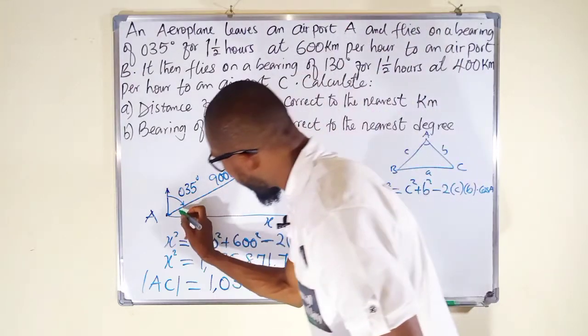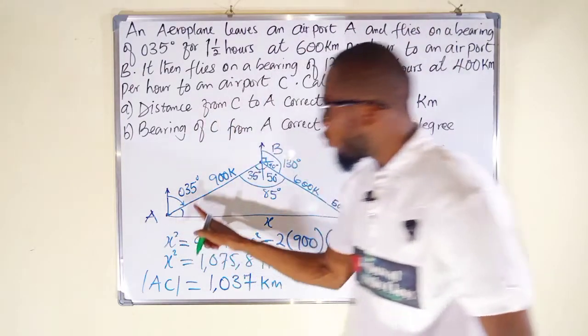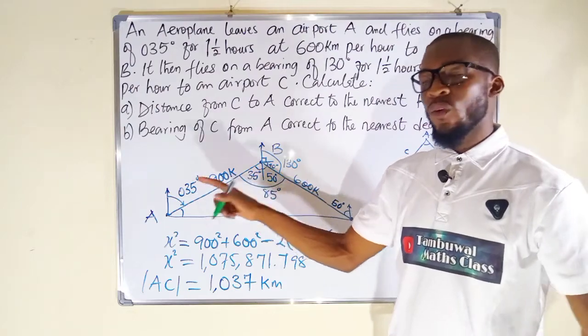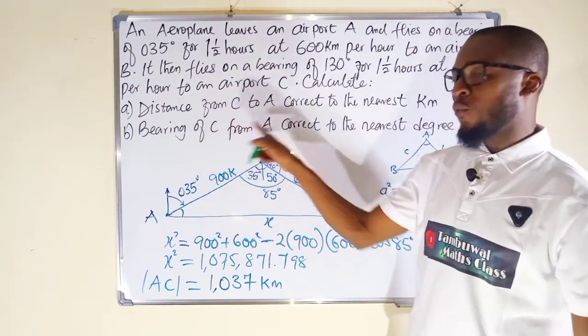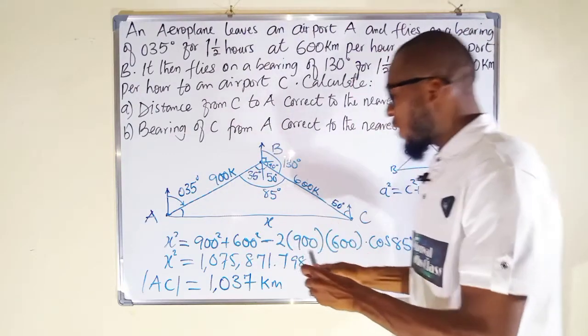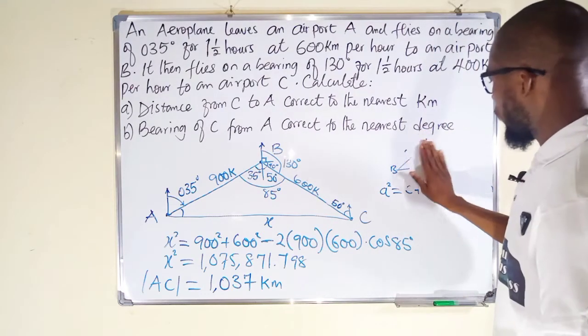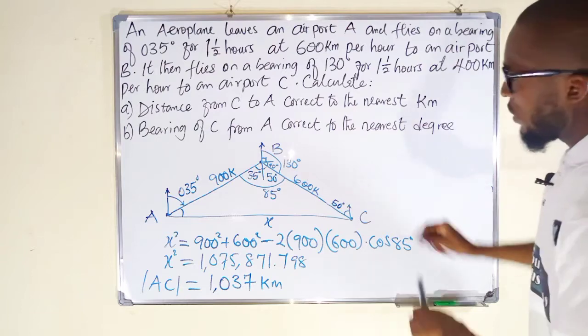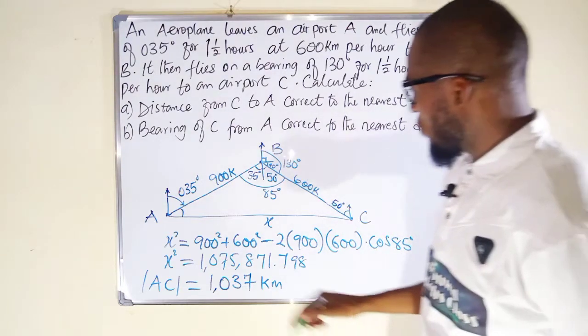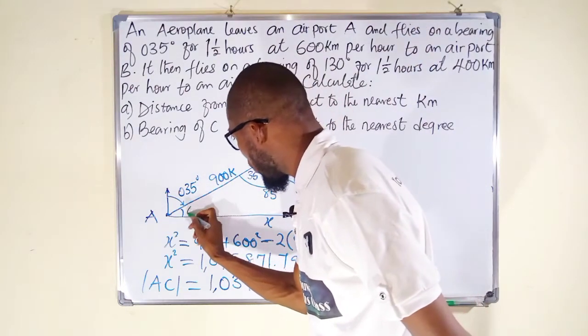Whatever angle we found here, we're going to add it to this 35 degrees to obtain the bearing of C from A. So how can we do that? We can use sine rule. Let's call this one theta.